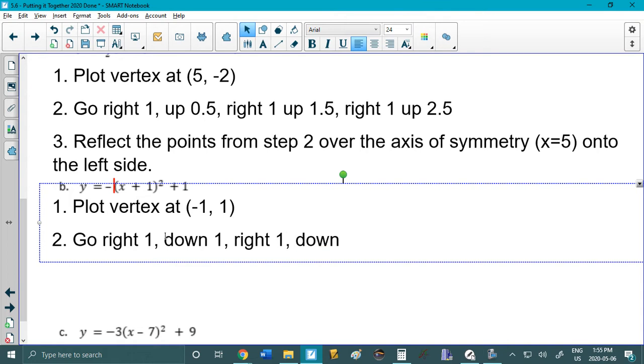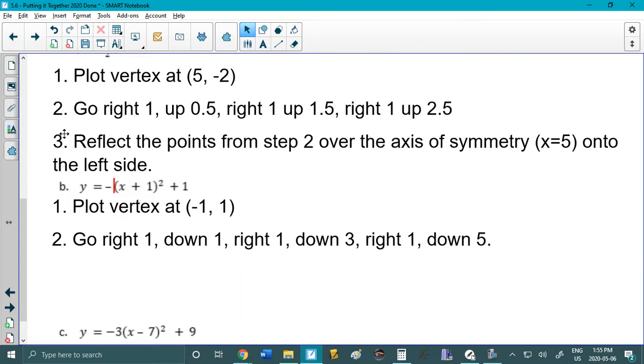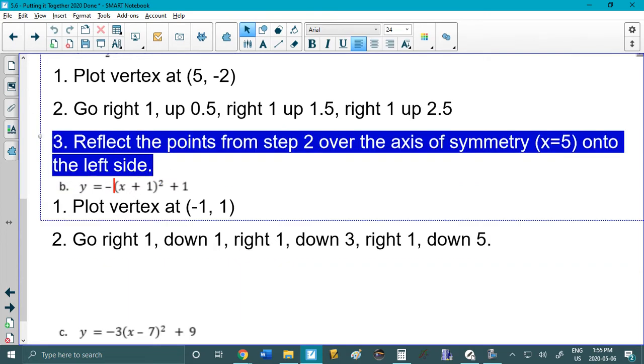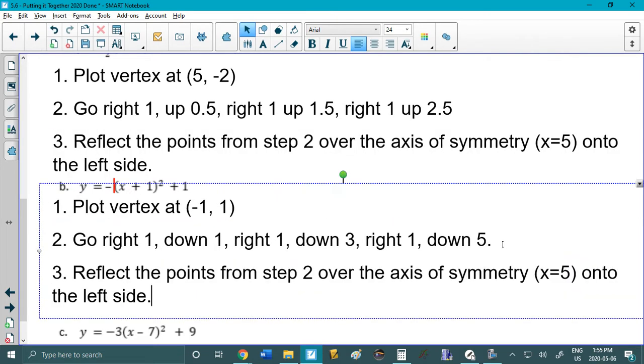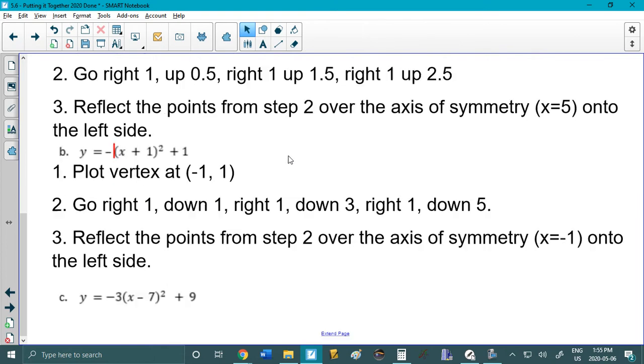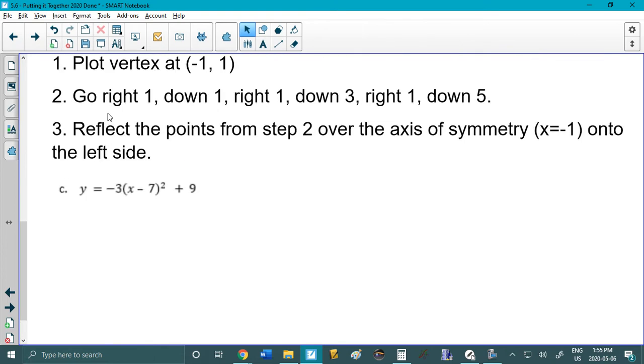Right 1, down 3. Right 1, down 5. Okay, and then I'm going to steal this because it's the same pretty much. Reflect the points from step 2 over the axis of symmetry, which in this case is x equals -1, onto the left-hand side. And then I could say draw a curve through them, but that's pretty basic.